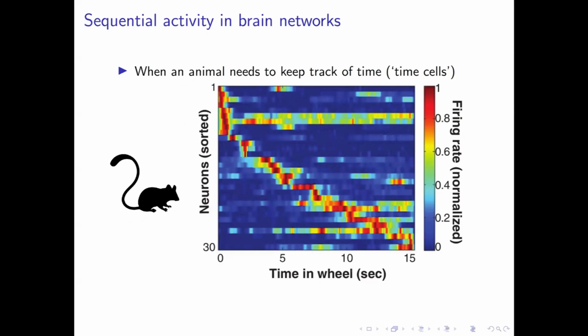After 15 seconds, the mice learned that they could go to some water spout to drink or some food location. I don't remember what was given to the mouse. While the mouse is running in the wheel, you can see that different neurons are active at different times. You have these neurons that fire at the very beginning.